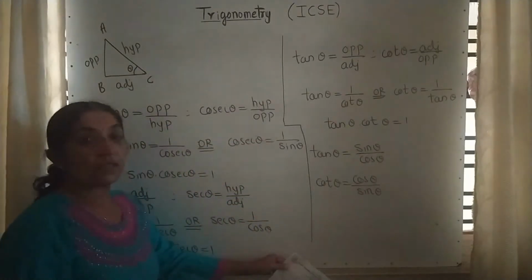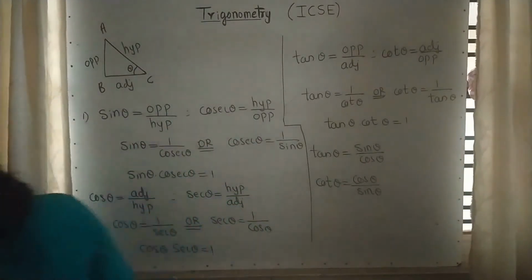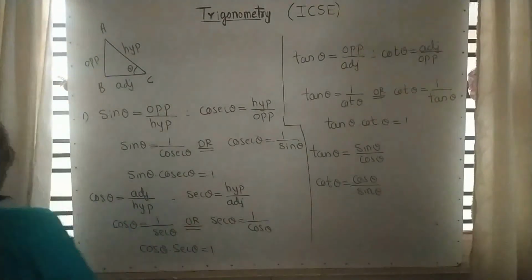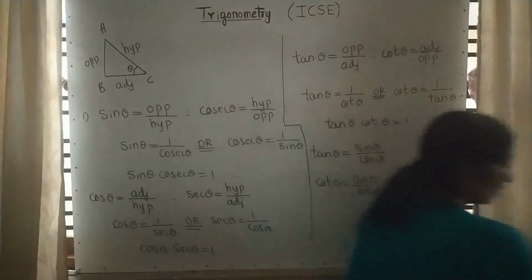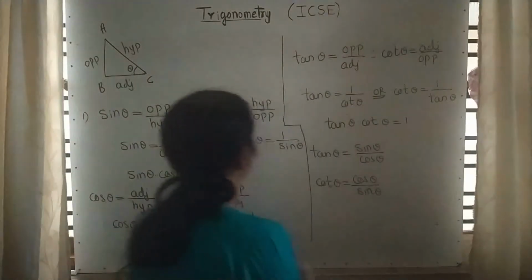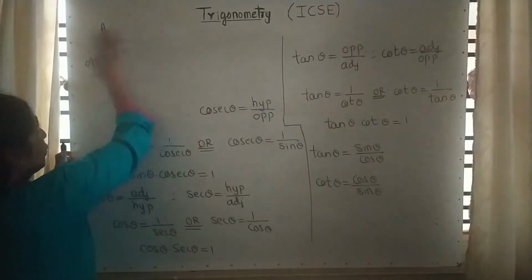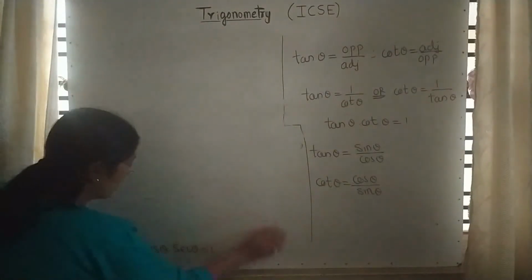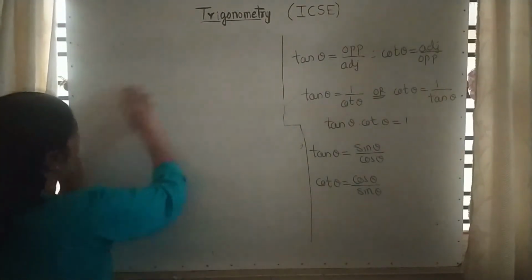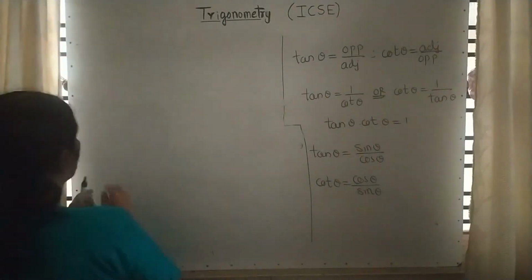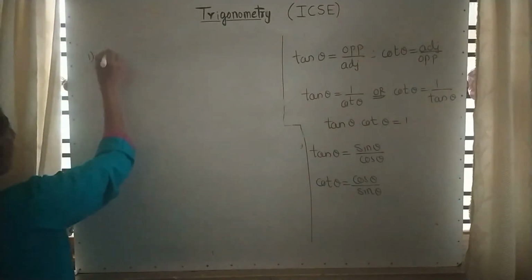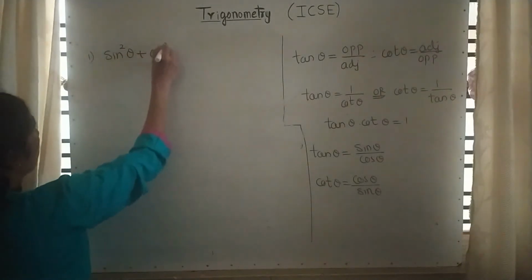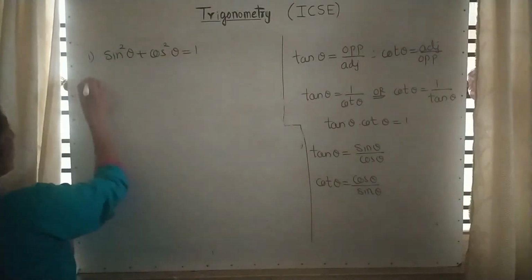Correct? So after these basic definitions we are moving to the identities. You are familiar with the identities. Without identities we cannot solve any examples. Then what are the identities? First one, sin square theta plus cos square theta is equal to 1.